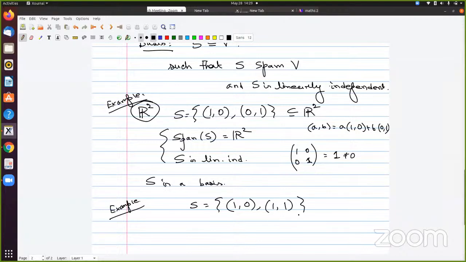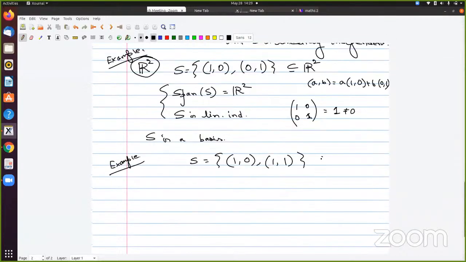And sir, what about (2,0) and (0,2)? That will also be a basis. So there will be an infinite number of bases. Basically you take scalar multiples of these two. So span of S is R2.